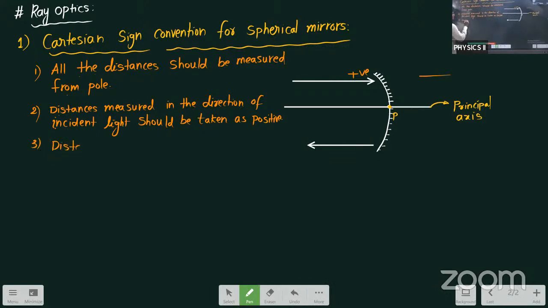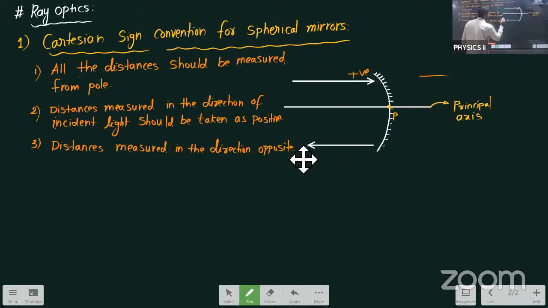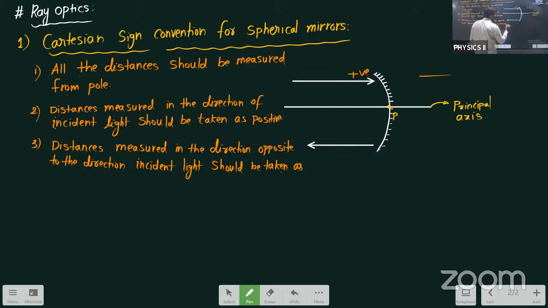Distances measured in the direction opposite to the direction of incident light should be taken as negative.